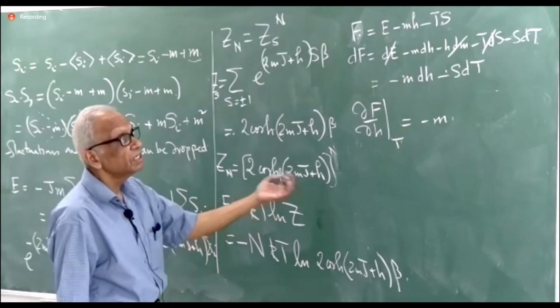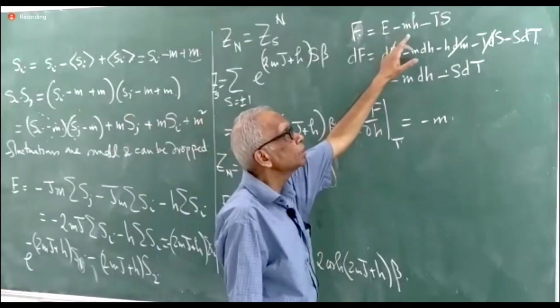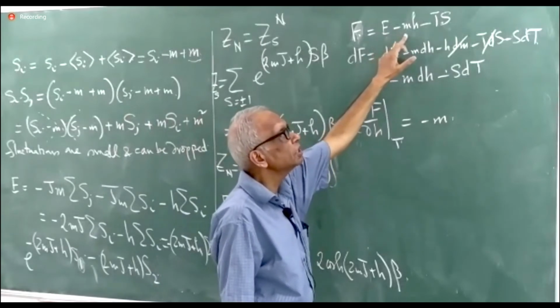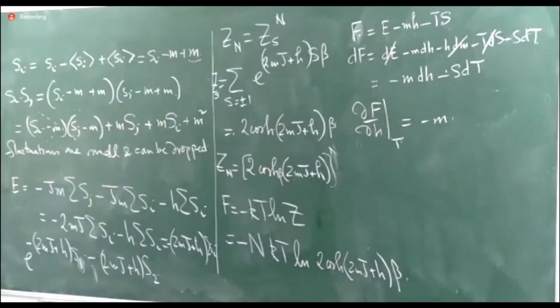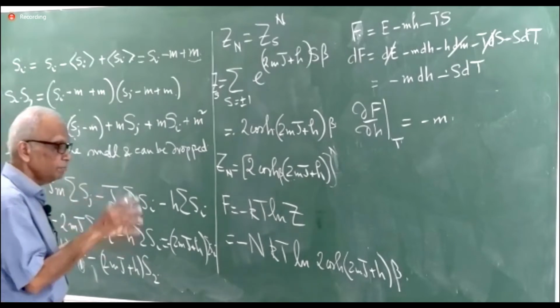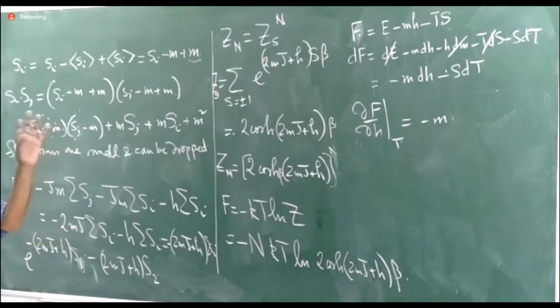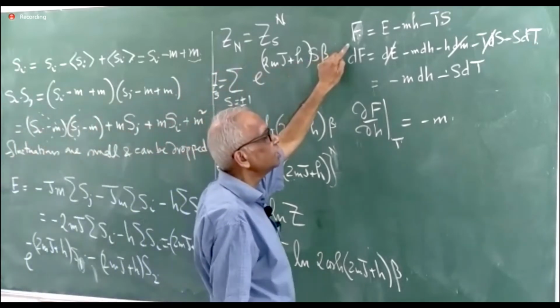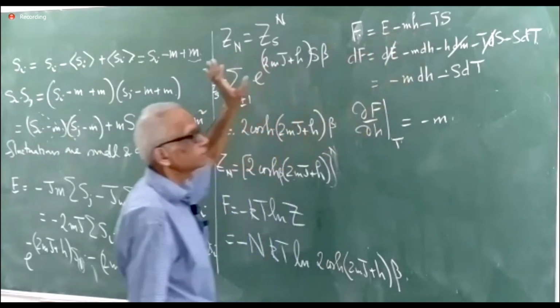If now, in addition, I have a potential energy, the potential energy is minus mH, so that's entered the picture. So the free energy is the total energy of the system, mechanical energy as defined normally, minus T times S, and this is the thermodynamic free energy, which is mechanical energy minus TS.